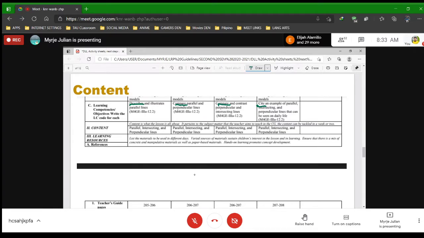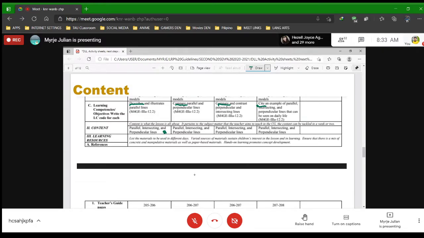Okay. And then let's see kung aligned ba yung created or written content doon sa learning competencies. Yung content is more on parallel lines, intersecting lines, and perpendicular lines, which are okay naman.